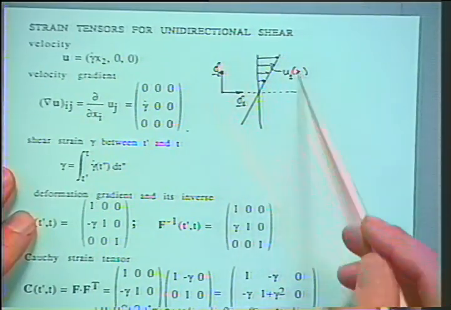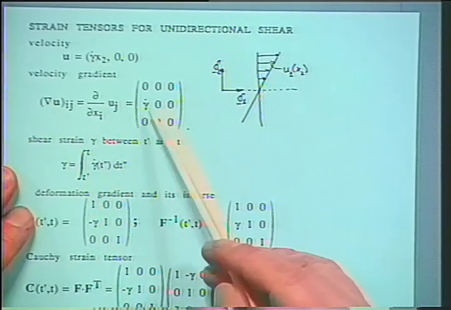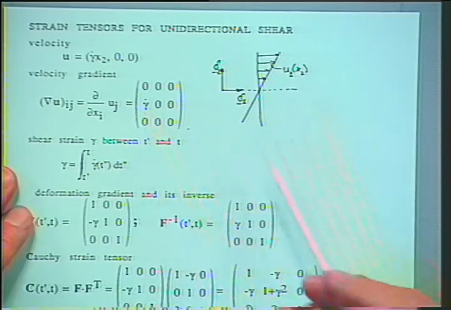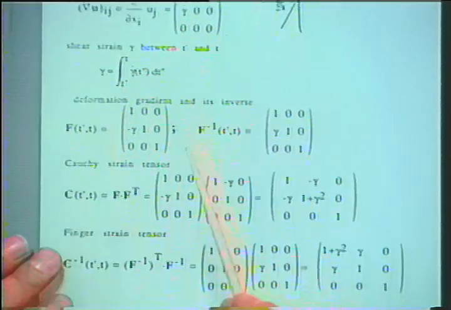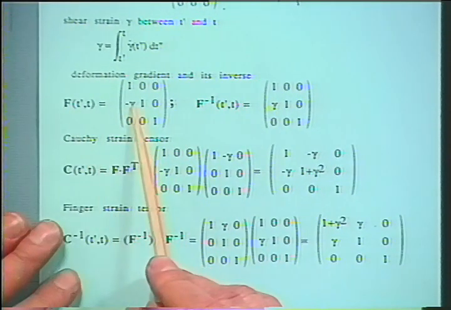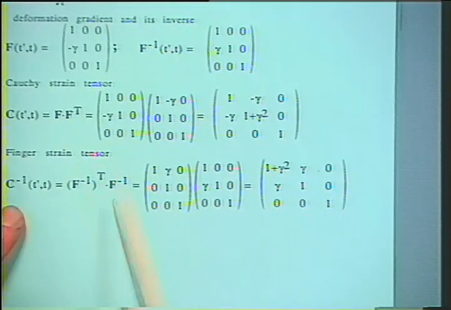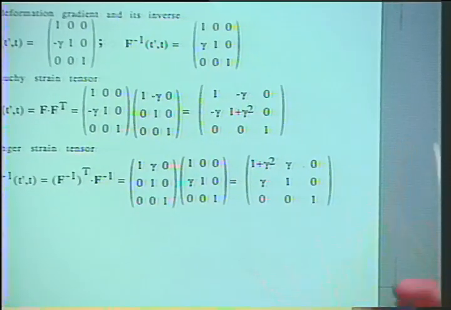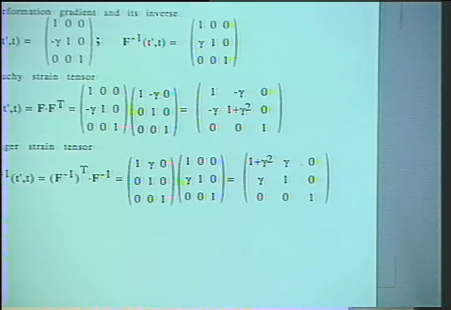It would be basically a velocity distribution as sketched here. The velocity gradient has as the only parameter the shear rate, gamma dot, and with the shear rate, we calculate the shear strain, introduce the shear strain in the deformation gradient, in the inverse, and from that we calculate the Cauchy tensor and the finger tensor, and all results are there. The strain for a material element in pipe flow is completely defined.